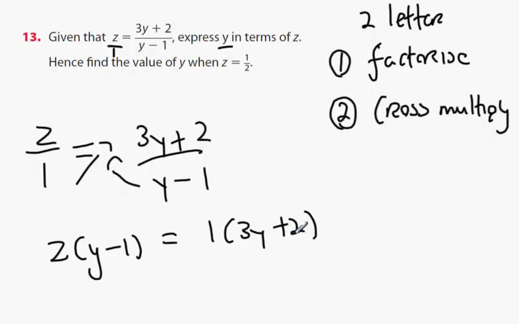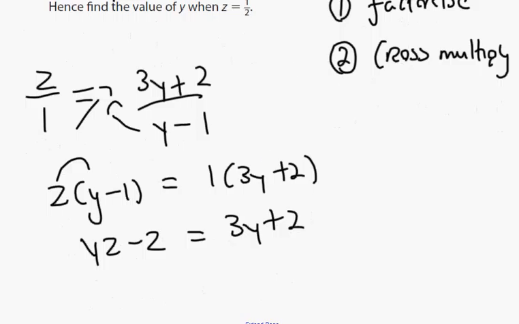Now what happens now? We're going to have to multiply out the brackets first, okay? Because we want to free up this y and we want to bring the other y beside it. So we're going to multiply out the brackets and we're going to get yz minus z. We're going to get 3y plus 2. We need the y's over one side and the numbers over the other side.